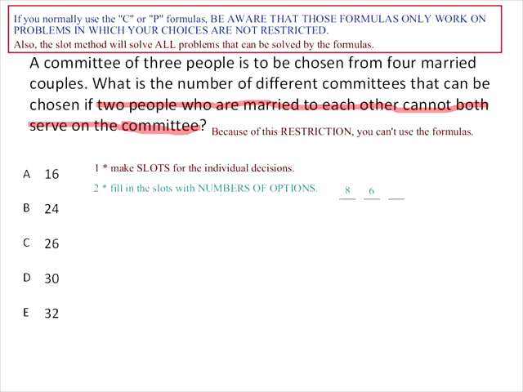Each time you pick someone, that person is disqualified, as is his or her spouse. So you actually lose 2 options every time you make a decision. So therefore, what's the number that goes in the third slot? Text box, please. The number that goes in the third slot is 4.